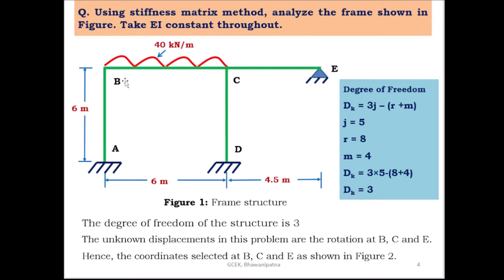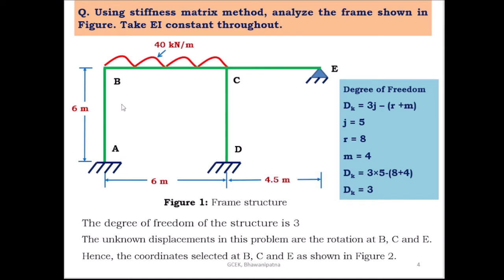So in this problem, choose 3 unknown displacement components. At A there is no displacement, at D there is no displacement, but at B the rotational displacement takes place, at C the rotational displacement takes place, and at E the rotational displacement takes place. So in this problem, the unknown displacements are the rotations at B, C and E.